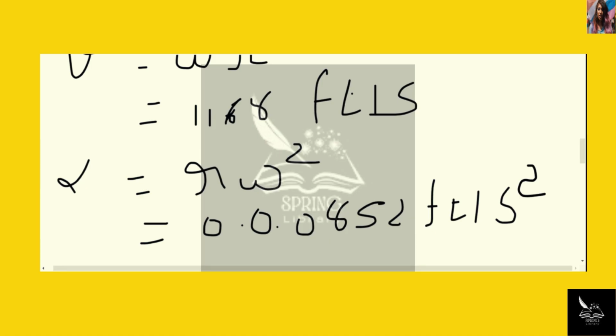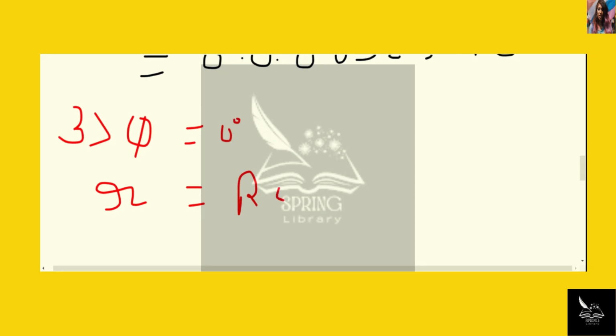Now let's talk about the last part, at the North Pole, where the angle is 90 degrees. So let's make this calculation for the North Pole. First of all, let's calculate r, that is R cos theta.